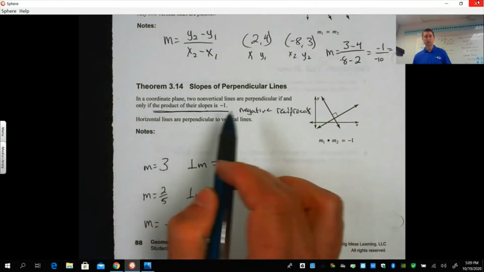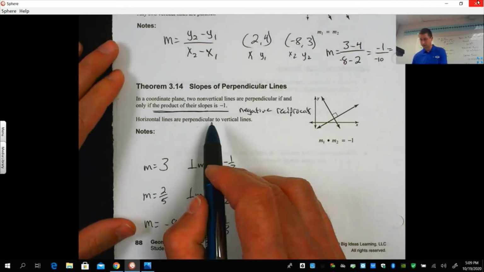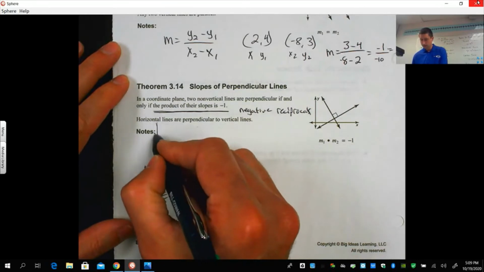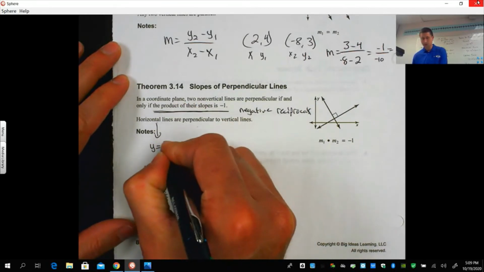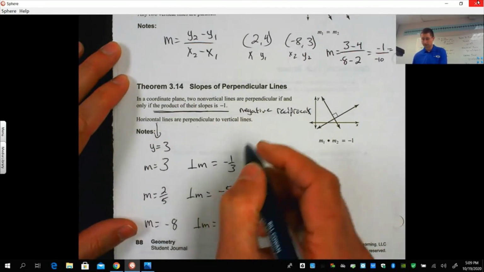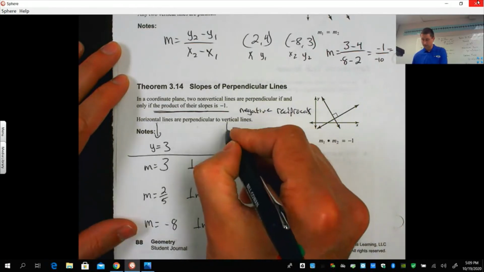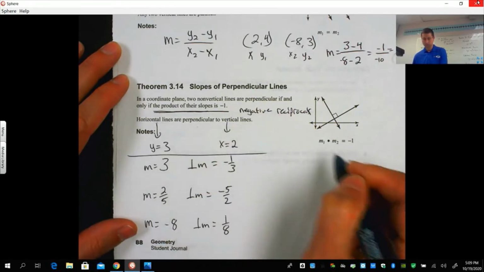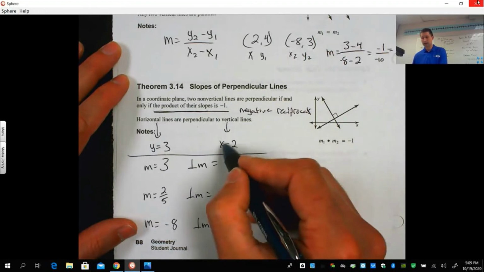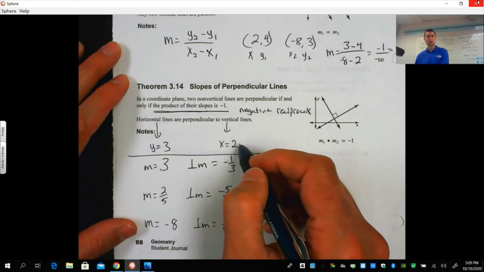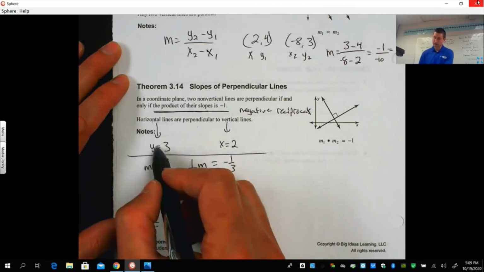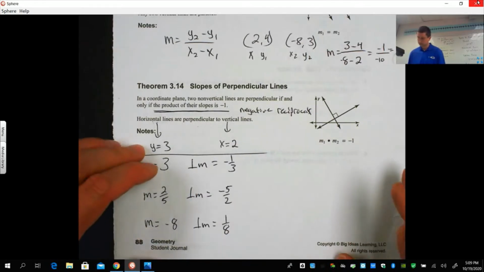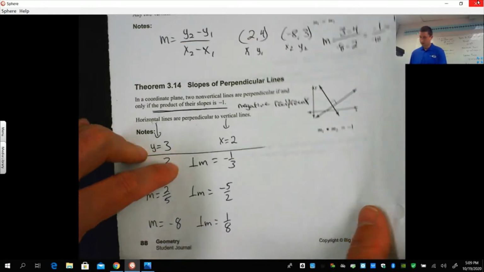Horizontal lines and vertical lines are perpendicular. Remember, horizontal lines would be something like y equals 3. That's a horizontal line. Vertical lines would be something like x equals 2. So vertical lines have an x-intercept but no y-intercept. Horizontal lines have y-intercepts but no x-intercepts. Yay, Algebra 1 is back!